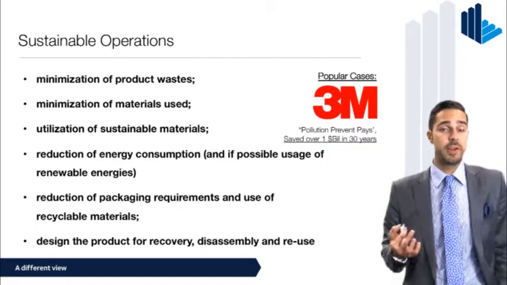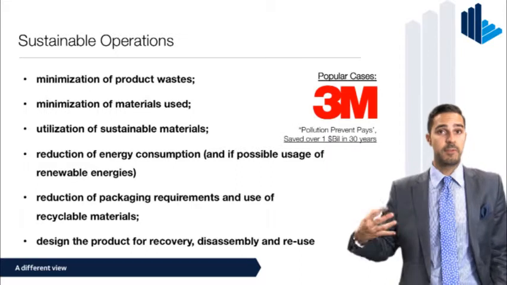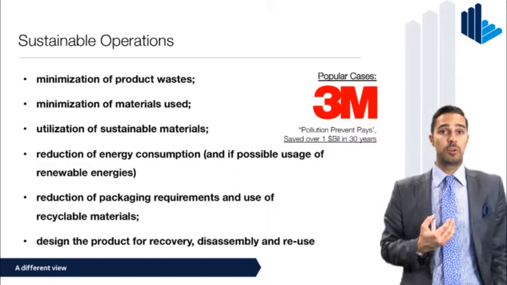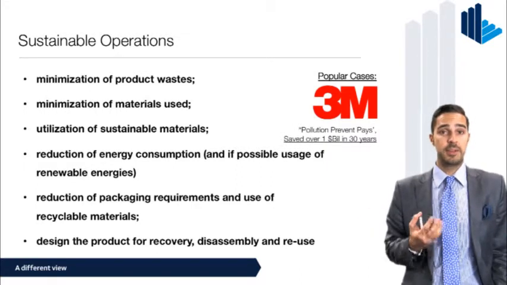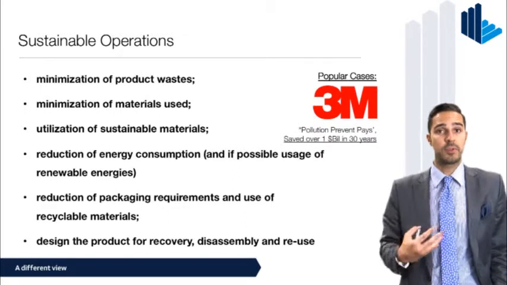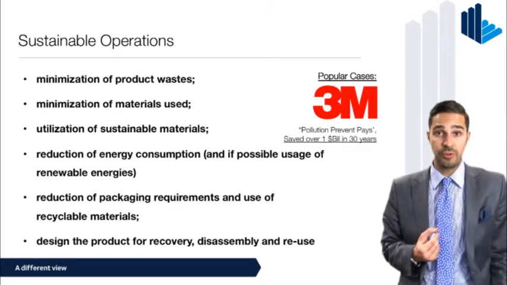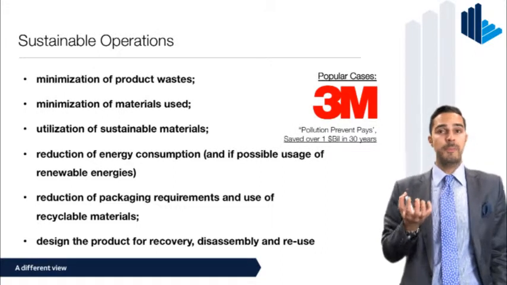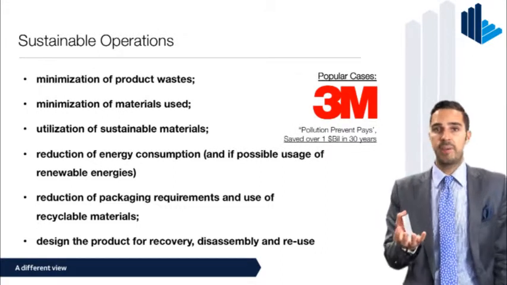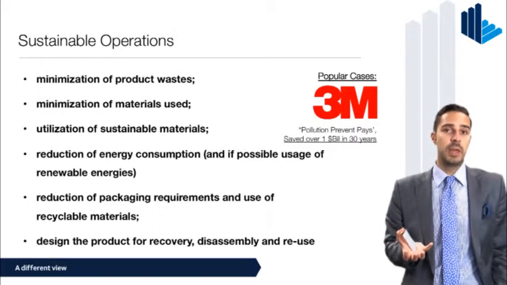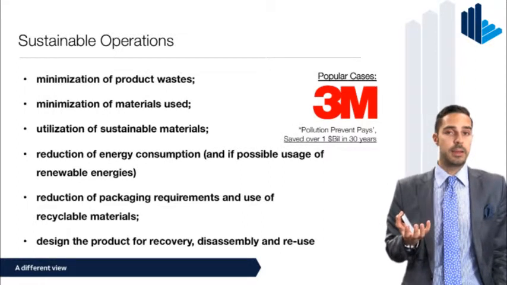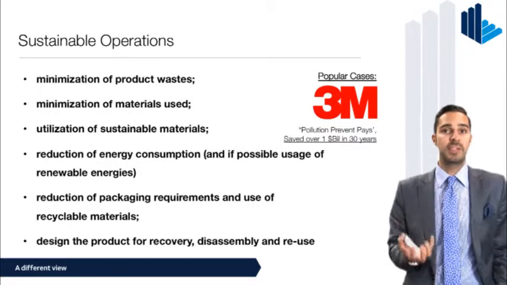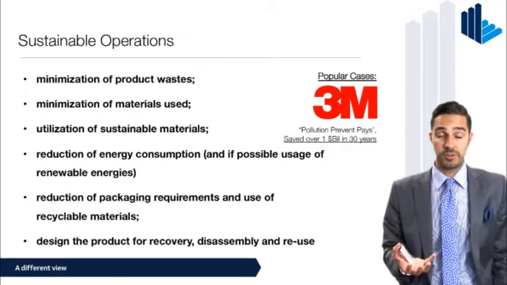Of course, this is a very vast area. A lot of activities can be carried out in order to transform operations. What is important to understand is that implementing sustainability in manufacturing, in your operations, is really about optimization of your processes.